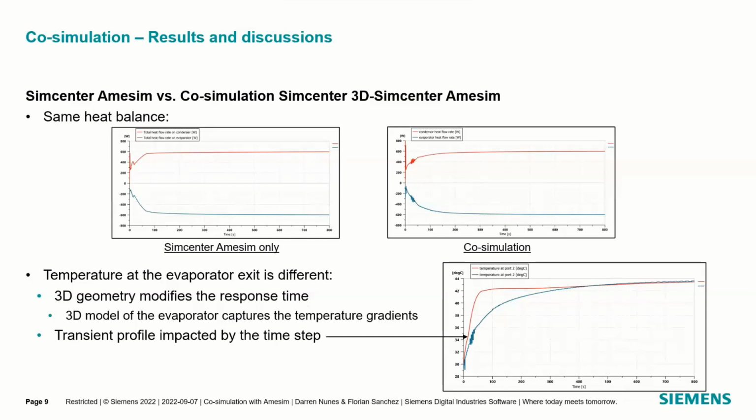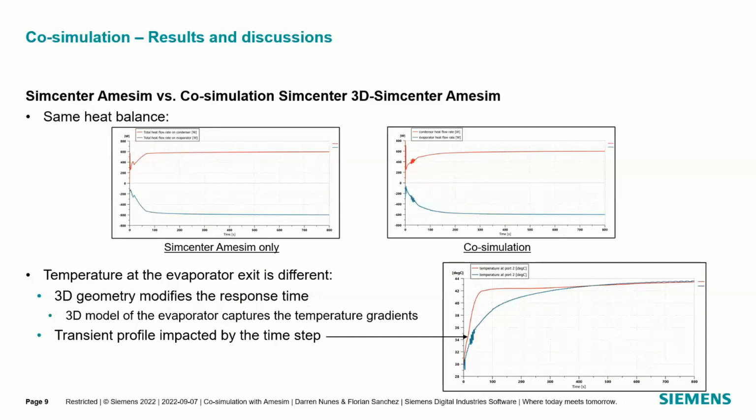Also, I would like to mention something really specific to co-simulation, which is the time step effect. As you may know, when using system simulation software, time steps can be really small, but as the solver is really fast, the computational time is not really high.